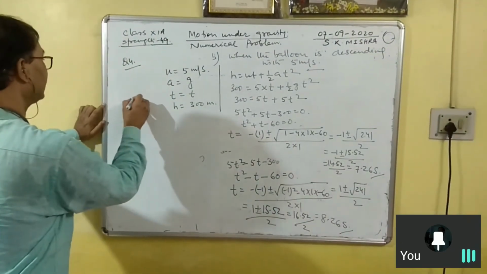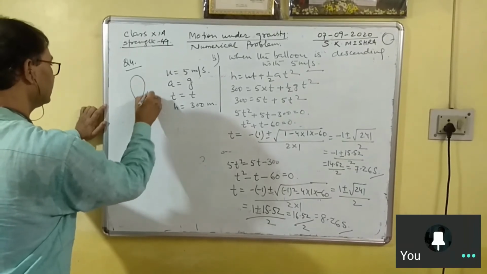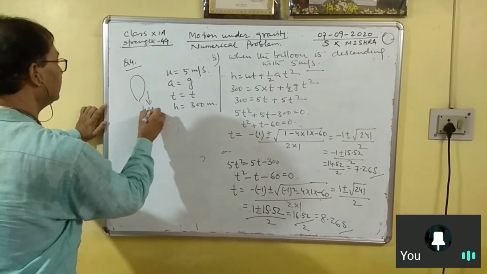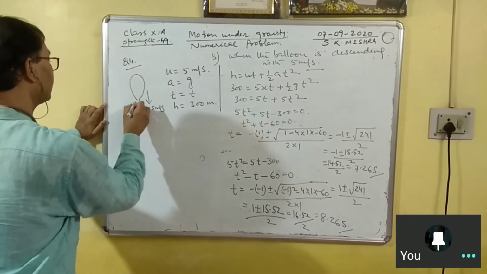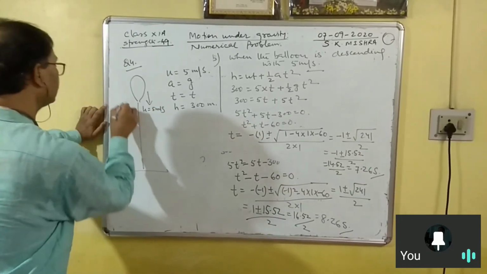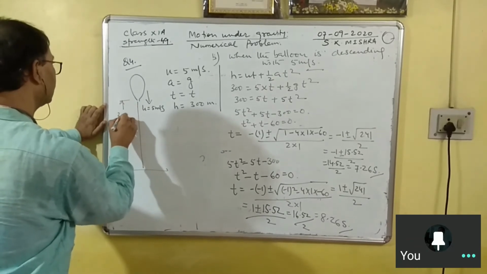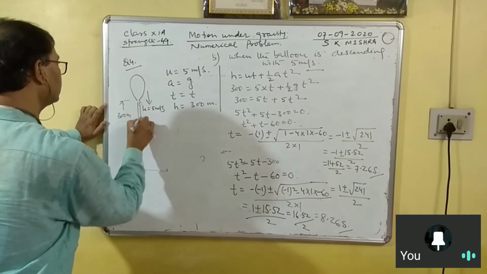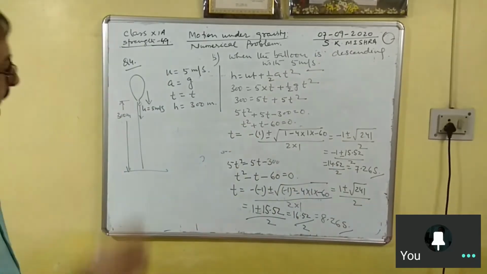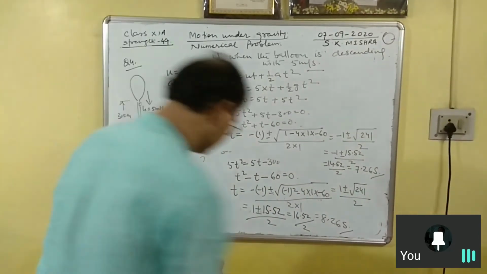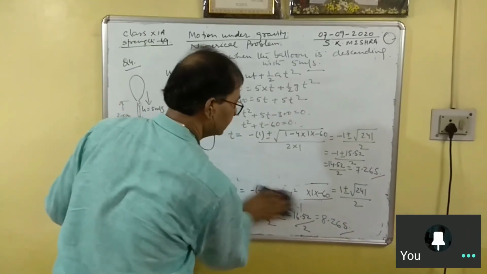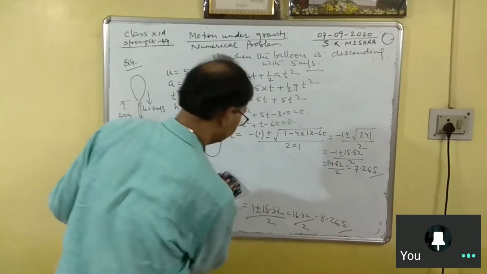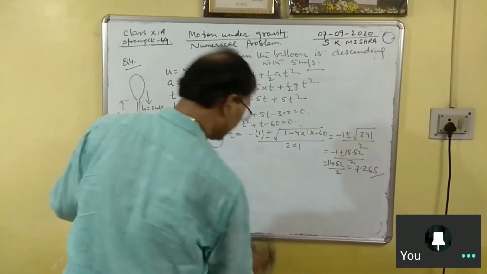Now the scenario is the balloon is descending downward with u equal to 5 meter per second, at a height of 300 meter, and then you have dropped the stone. So the time taken by the stone is a little bit different. They are not the same.